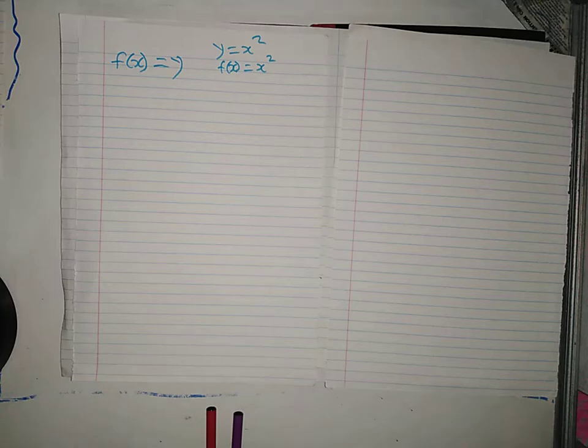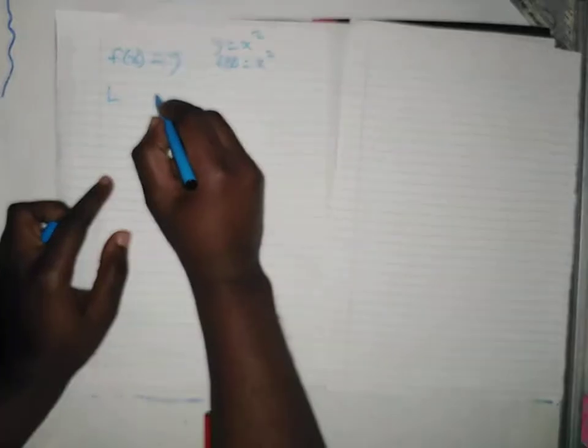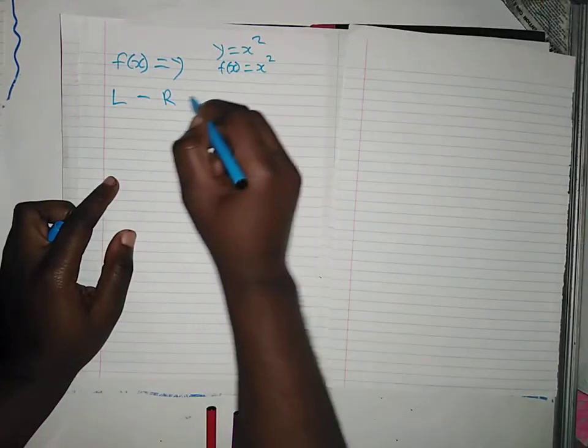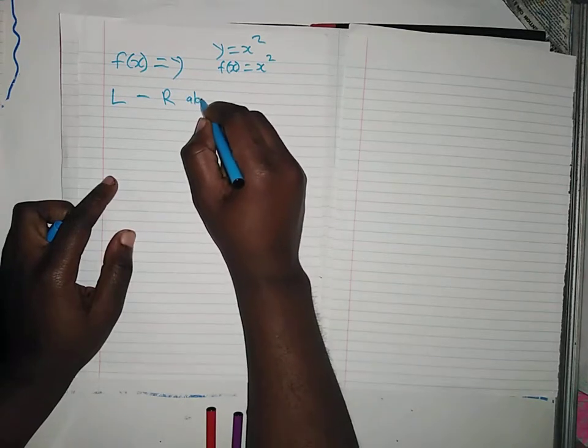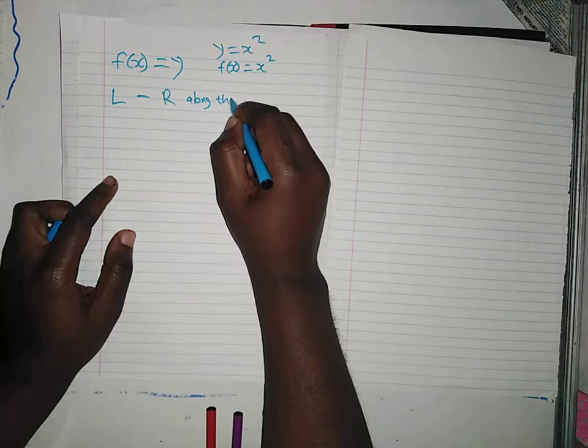When you have a graph, it's very, very easy to see. You can actually see it with your eyes without doing any calculation. So what you should do is go from left to right along the curve or the graph.